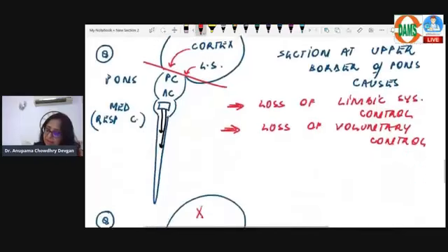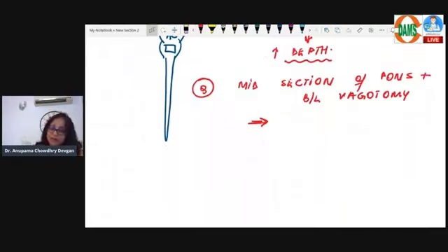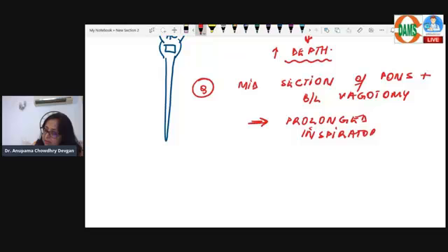So there is a loss, but a midsection of the pons plus a bilateral vagotomy now causes prolonged inspiratory spasms.